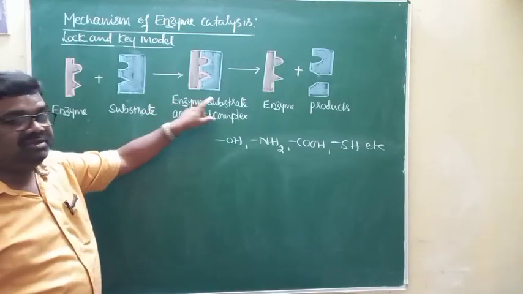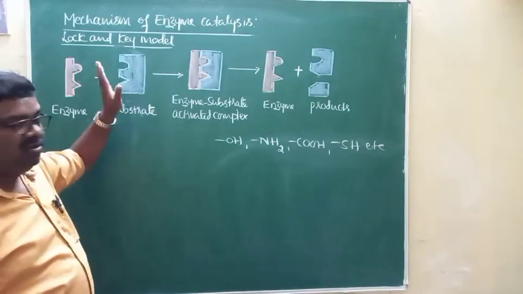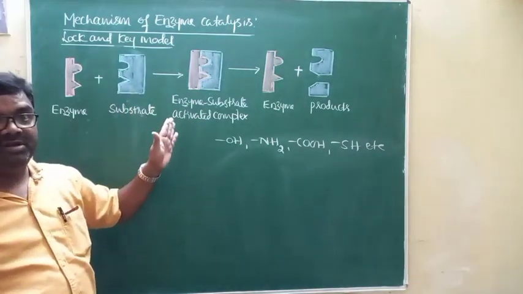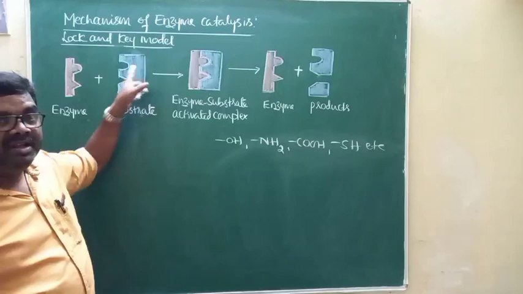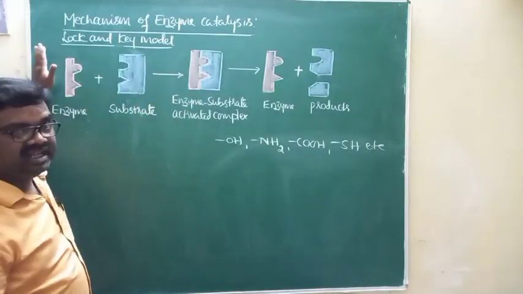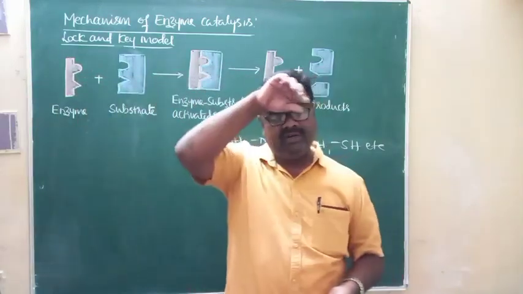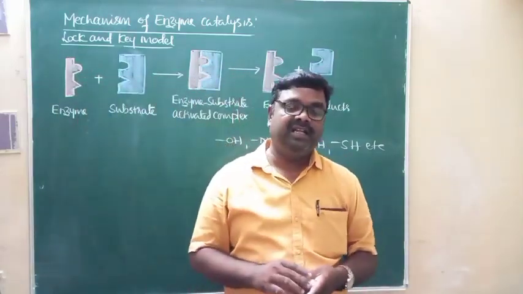Otherwise, the enzyme substrate activated complex will not be produced. Because of that, only a particular reacting molecule with complementary shape can form an activated complex with the enzyme. Otherwise, a chemical reaction doesn't take place. Because of that, enzyme catalysis is highly specific.